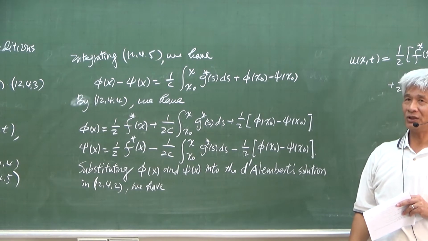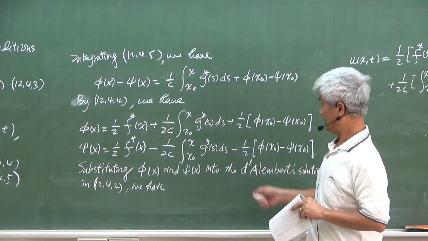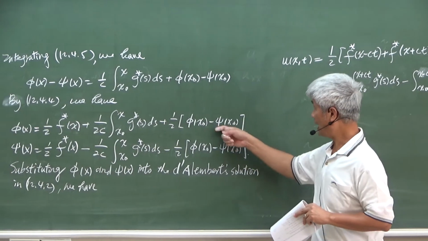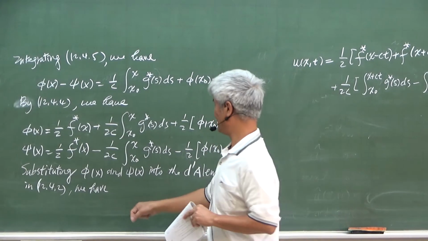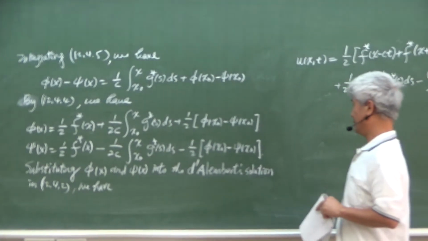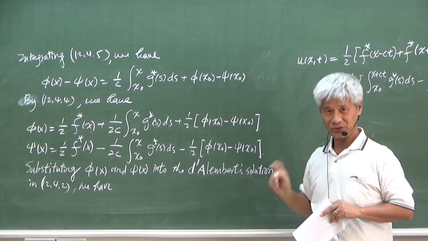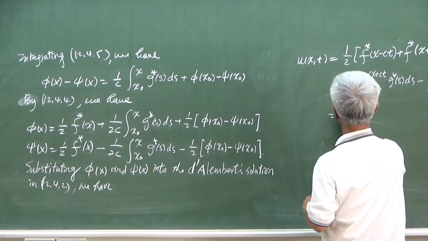Now at this point we were a little bit embarrassed because we have this constant there, right? But once we put it back into the d'Alembert solution, we find these two cancel each other, and so we have this one.